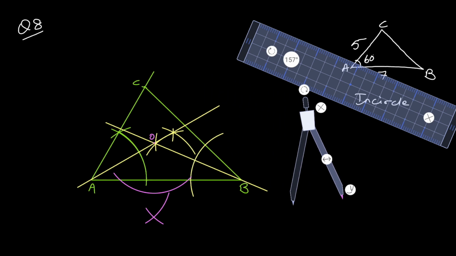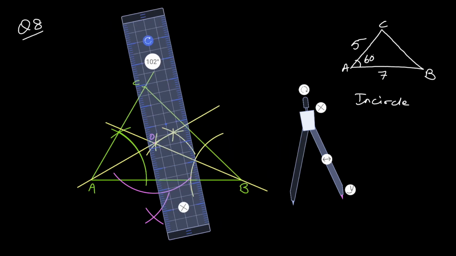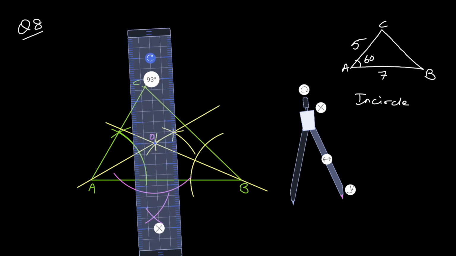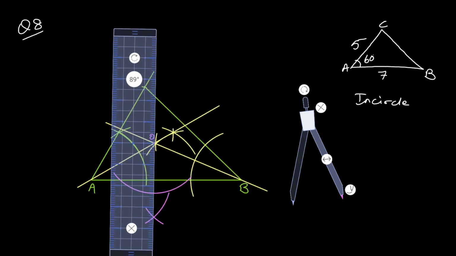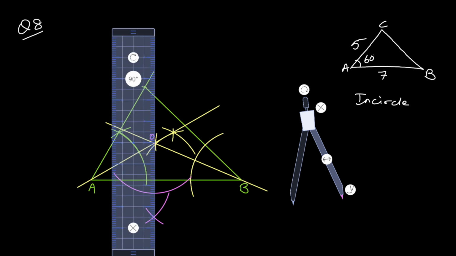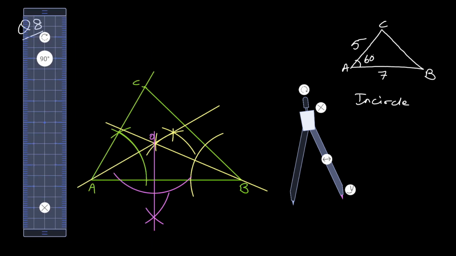And then join this point of intersection with the point O. From this point O till the side AB, this is your radius.